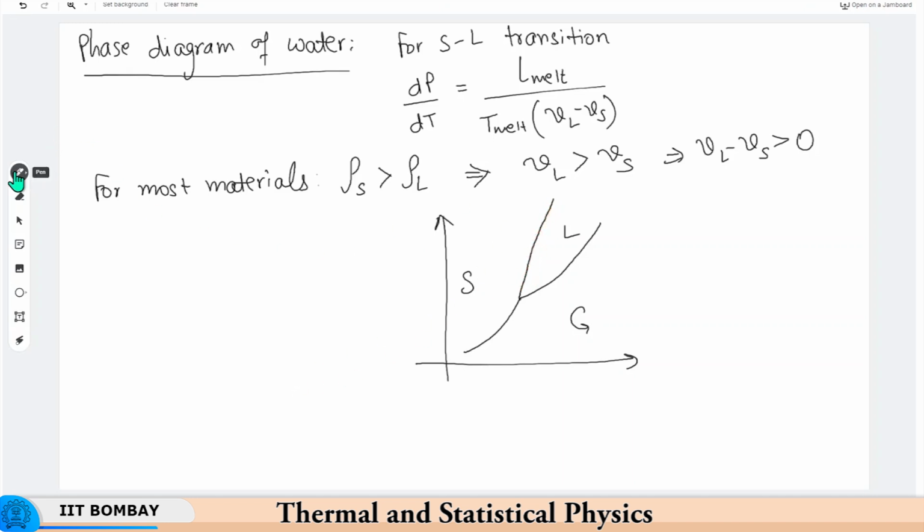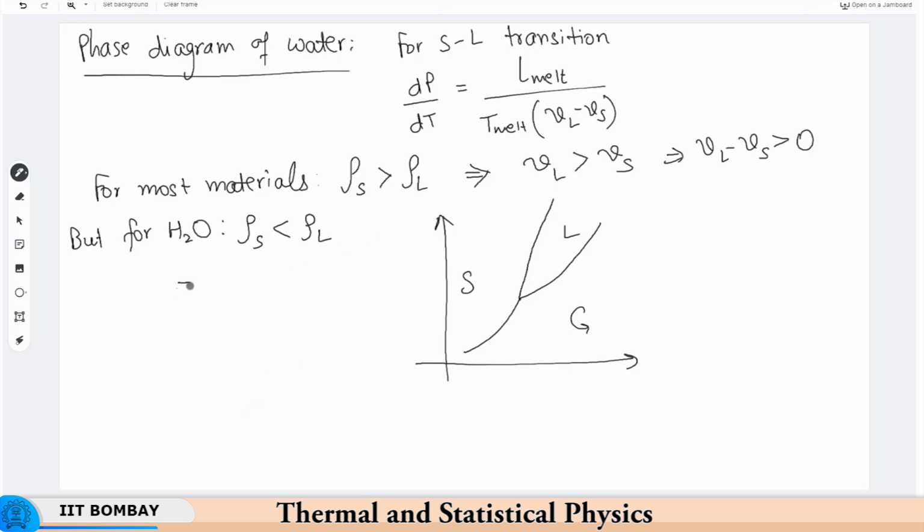But now let us come to water. For H2O, we know that the density of liquid water is greater than the density of ice. That is why ice cubes float on water, and it is due to hydrogen bonding and so on. I am not going into all that, but water is a very special substance, with the special property that the density of solid is less than the density of the liquid phase.